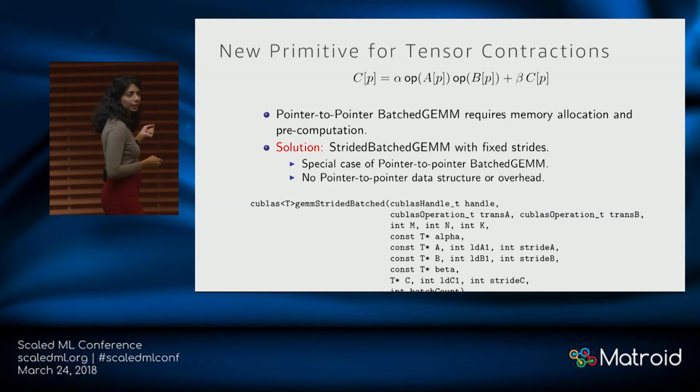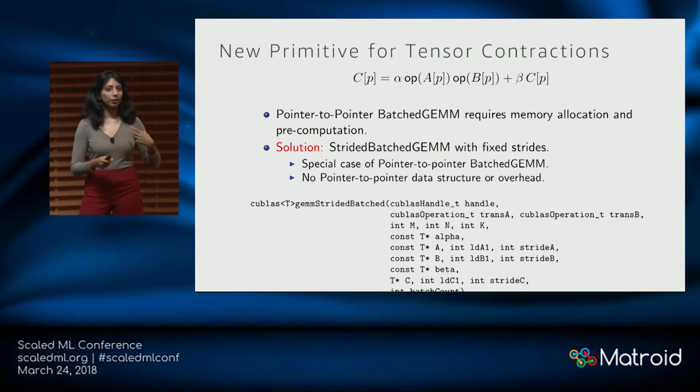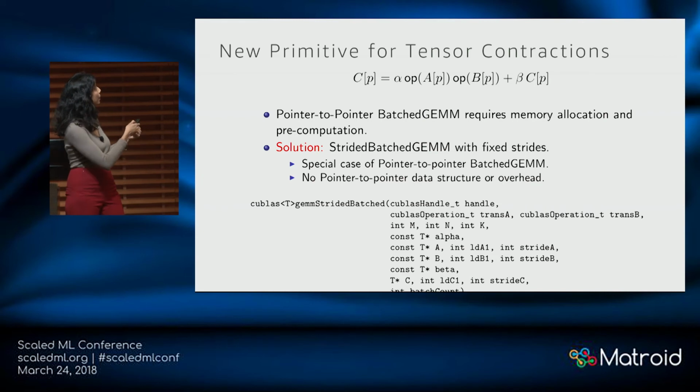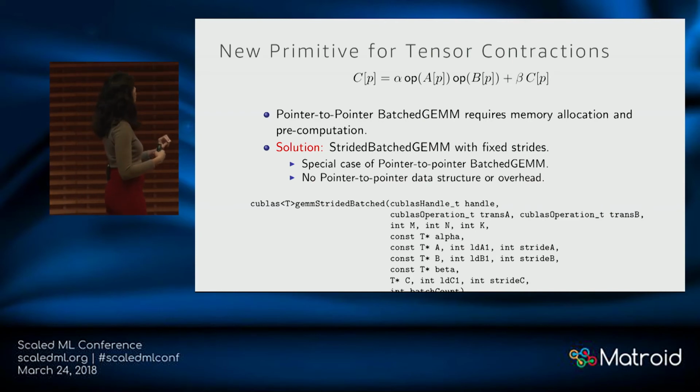Without going into details, it turns out to be a special case of the batch GEMM operation. So GEMM stands for general matrix multiplication, and batch GEMM is a primitive that takes a whole batch of different matrices and multiplies them together. So instead of one single matrix multiplication, it has a batch of matrix multiplications.